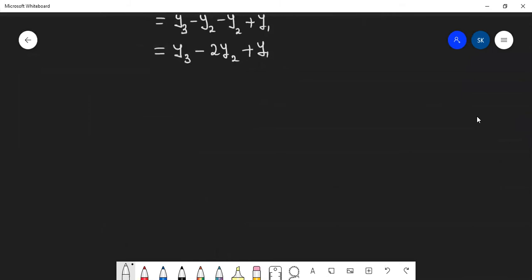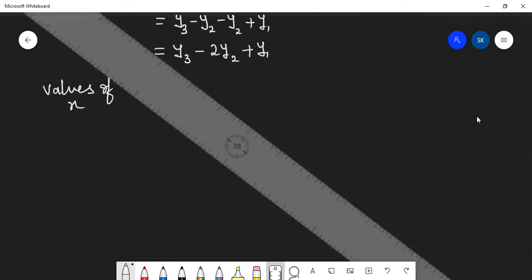What did we see? We had values of x. One second, I'll draw.